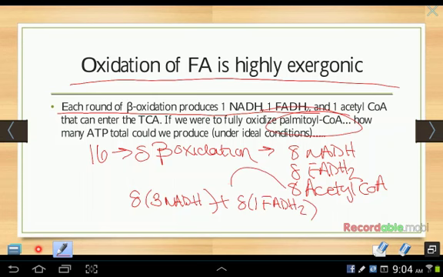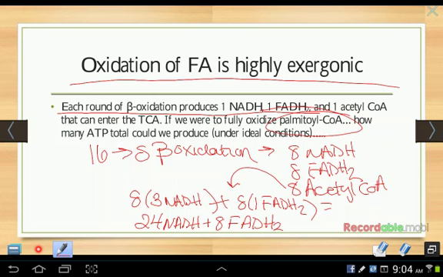All right, so that's coming from these 8 acetyl-CoAs. So we got 8 times 3, which is 24 NADHs and 8 FADH2s to add to our additional 8 NADHs.